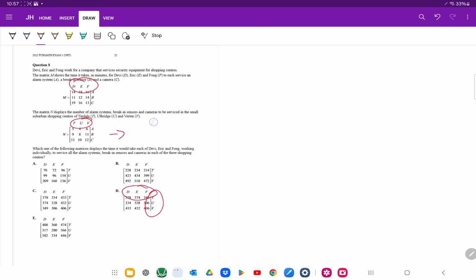So you've got A, B, C, and T, U, V. From this point, we can call this NT. To find the answer for this one, we find the N transpose, and we multiply that with M. Then you'll end up getting D as the correct answer. Unfortunately, this is the only way that you can really do this, and VCAA have also said that this is one of the methods.